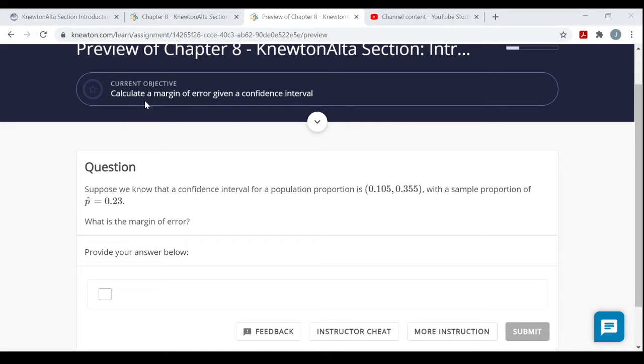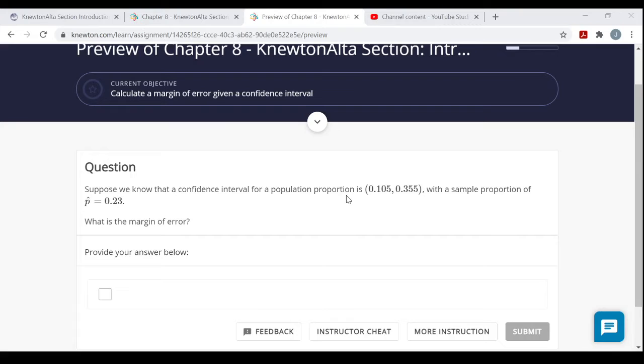It's very similar to the objective titled calculate a point estimate given a confidence interval. So here, suppose we know that a confidence interval for a population proportion is given by this interval here, right? The lower bound is 0.105, the upper bound is 0.355. Remember, this interval is just a guess as to what the population proportion is.